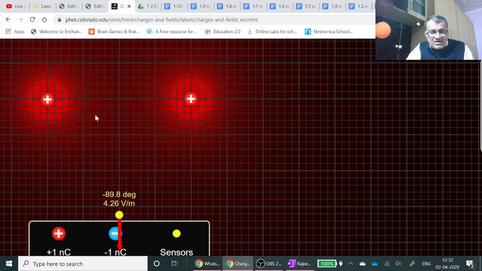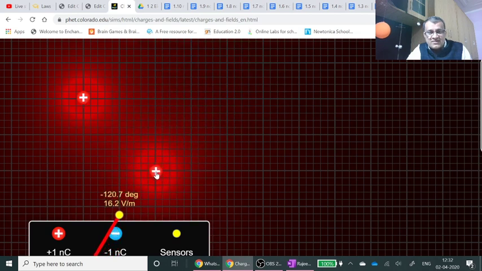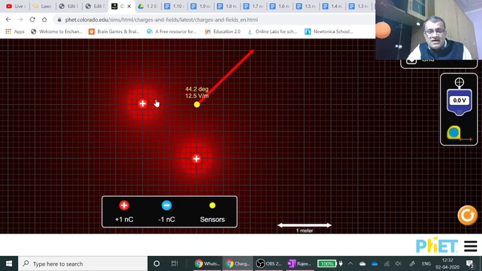We have also done other cases in which, for example, there is a positive charge kept on one corner of the square, another positive charge kept on the opposite diagonal, and we found the electric field at another corner of the square.